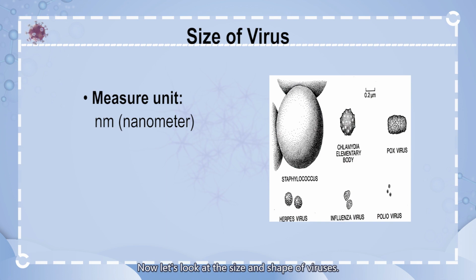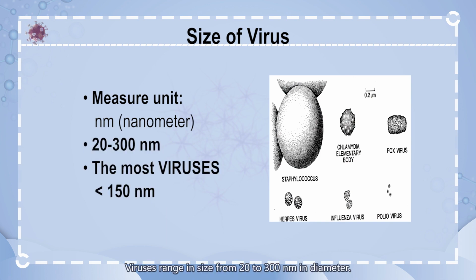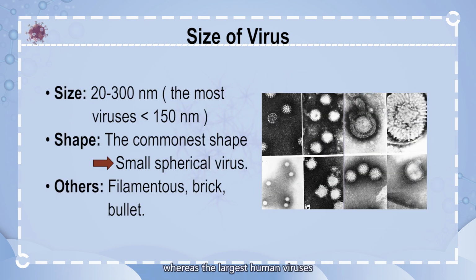Now let's look at the size and shape of viruses. Viruses range in size from 20 to 300 nanometers in diameter. The smallest viruses, parvoviruses, have virions approximately 20 nanometers in diameter, whereas the largest human viruses, poxviruses, have a diameter of approximately 300 nanometers.